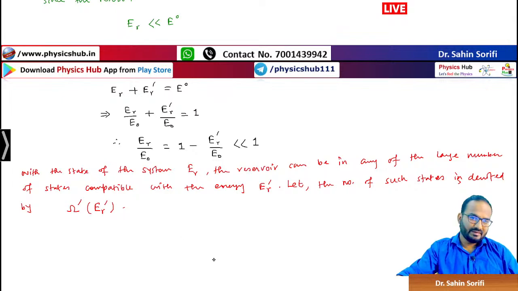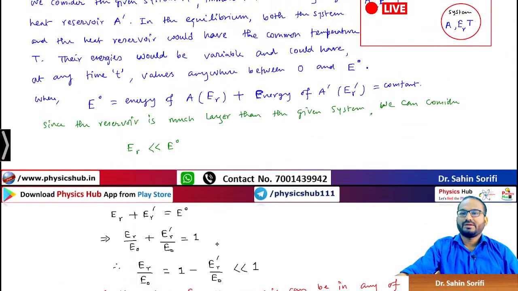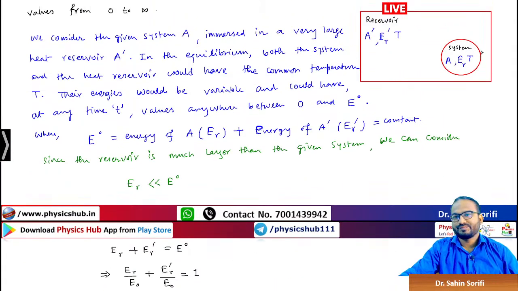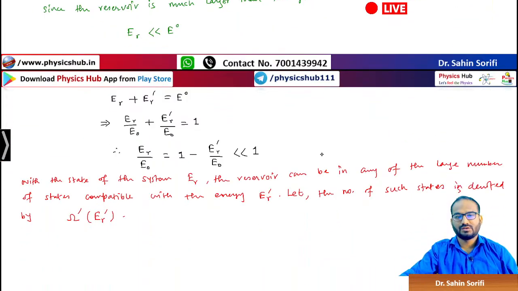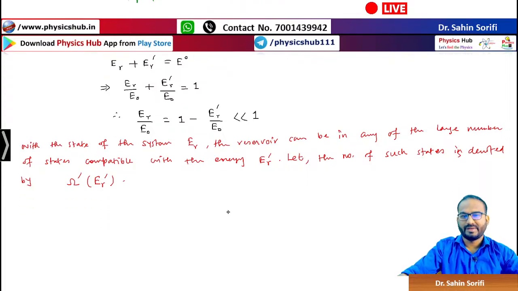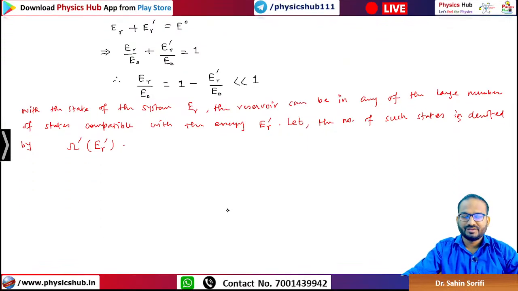What it is actually saying is that for a particular value of ER, this reservoir can have the value ER prime. So there will be several states compatible with ER and ER prime. We denote the number of states by omega. Omega prime is a number.